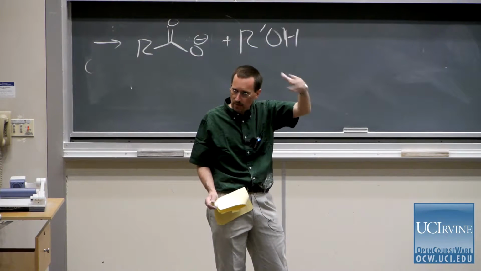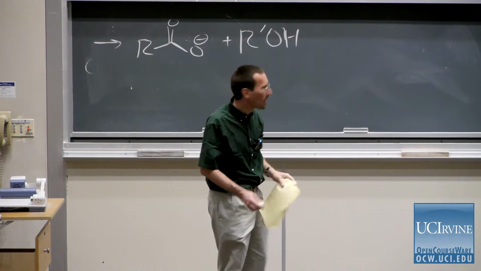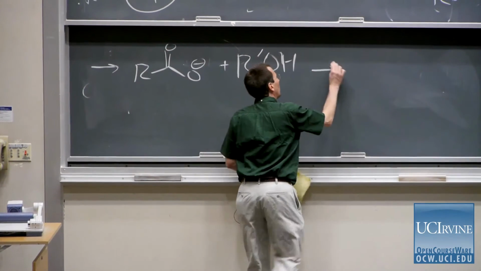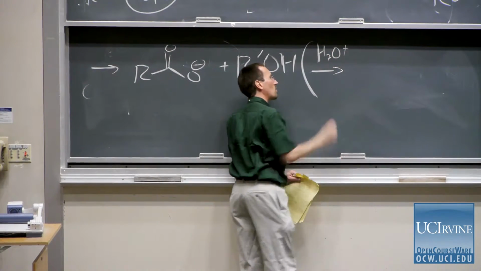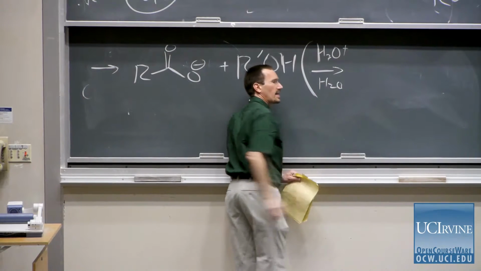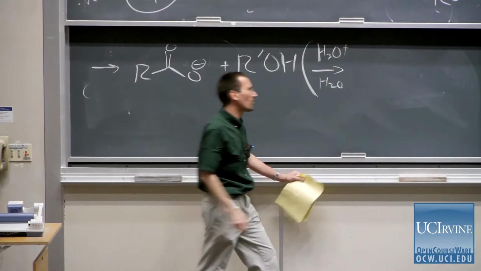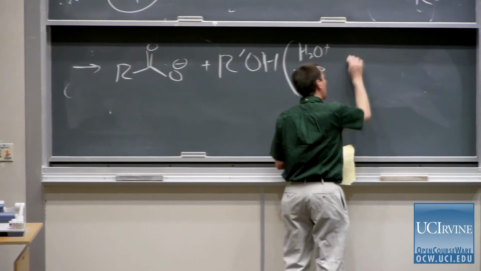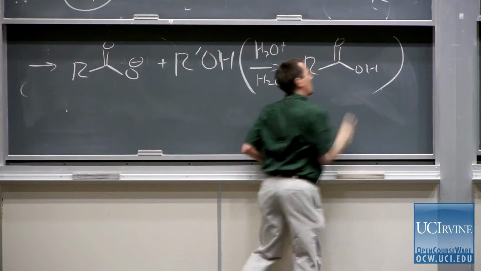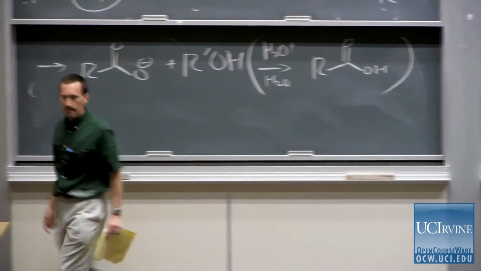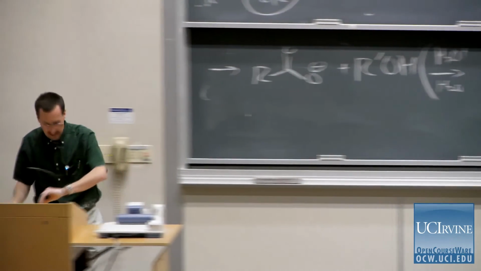And then very commonly in the laboratory, you will acidify with some strong acid in water like HCl or H2SO4 and isolate from there the carboxylic acid. Sometimes in the laboratory it will precipitate out.